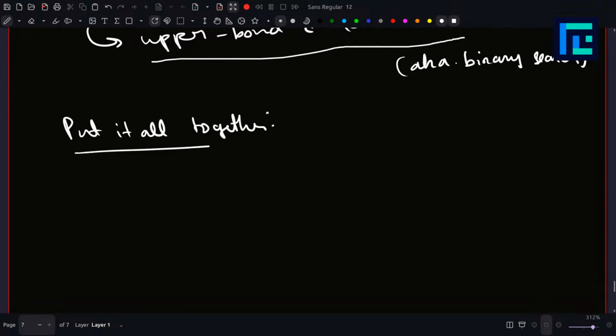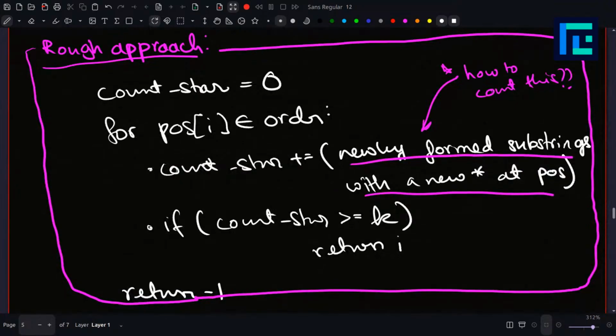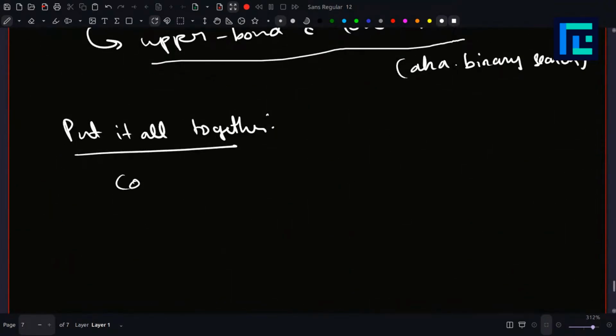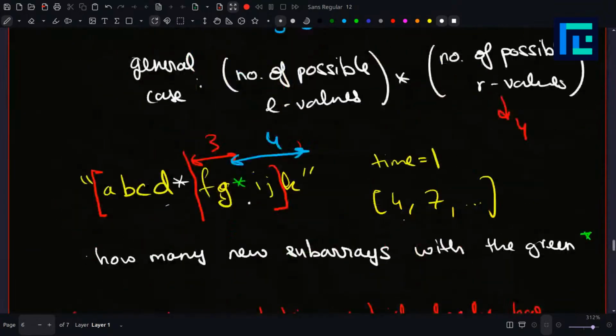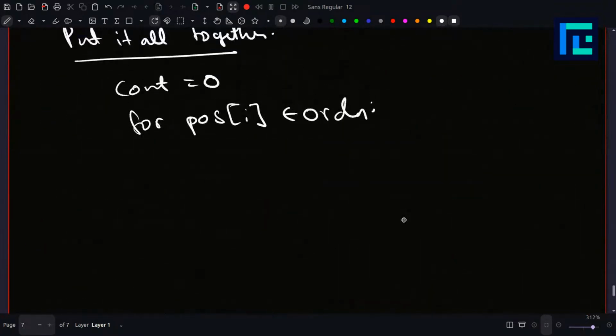Again, we're doing the same procedure as before. There's a count of stars for each position, which is 0 for each position in order. We have to increase the count of stars with the newly formed strings, right?